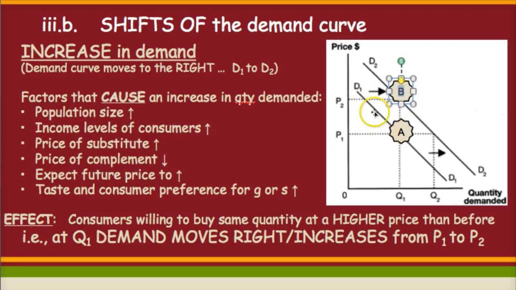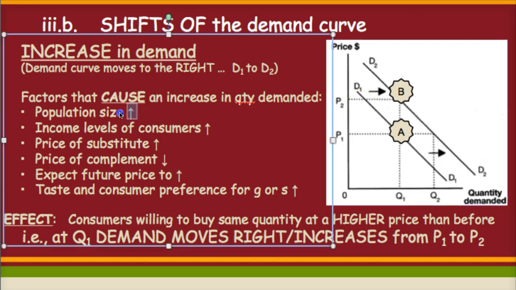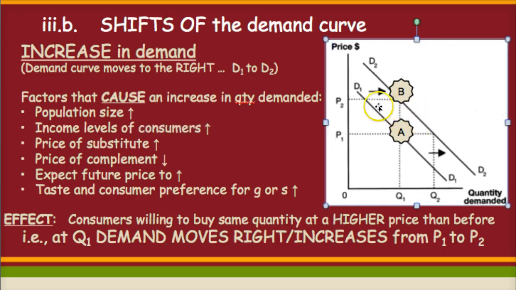So from D1 to D2, there could have been a population size increase. So now there are more people available to demand the product. Demand has increased. The income level of consumers has increased, thereby increasing the demand for the product, moving it to the right.